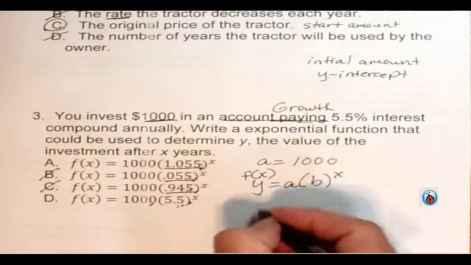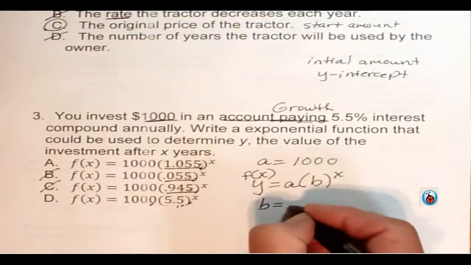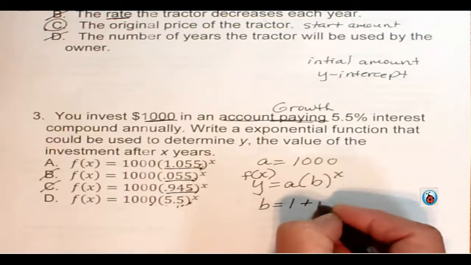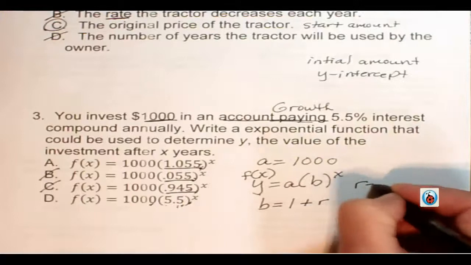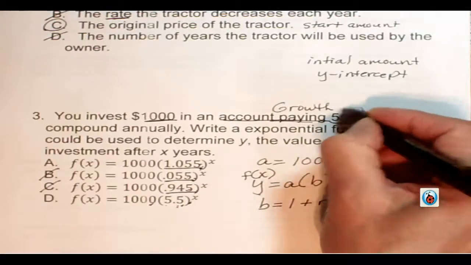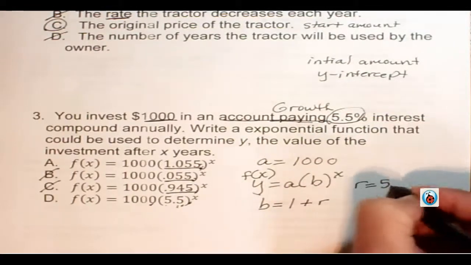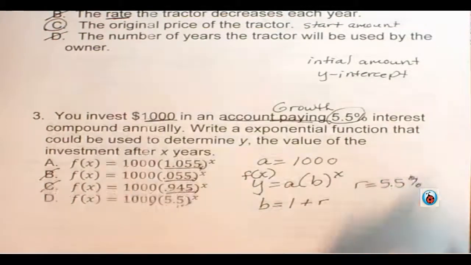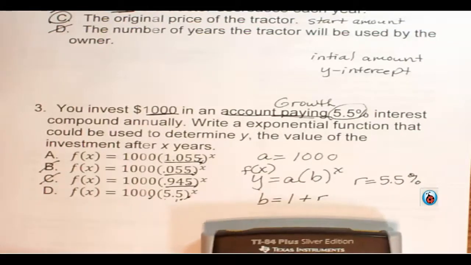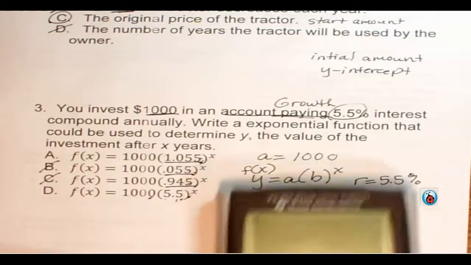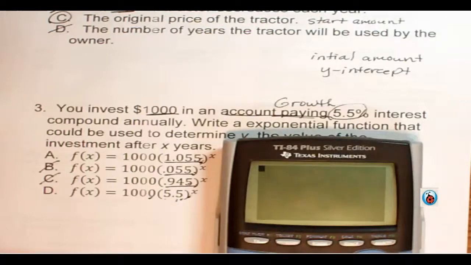So you have to know, what is your B for a growth? It's 1 plus your rate. Okay, so what's the rate? My R is equal to this rate right here. This is how much it grows, 5.5%. Again, we need to find out what is that R value. Well, what you have to do is come over here, take your calculator, take the 5.5 and divide it by 100.